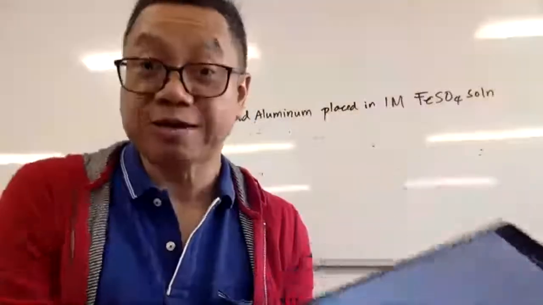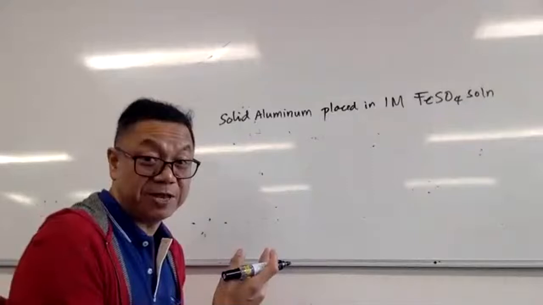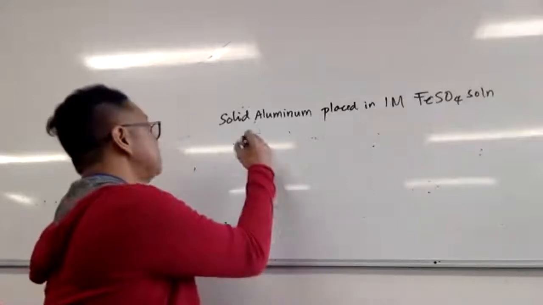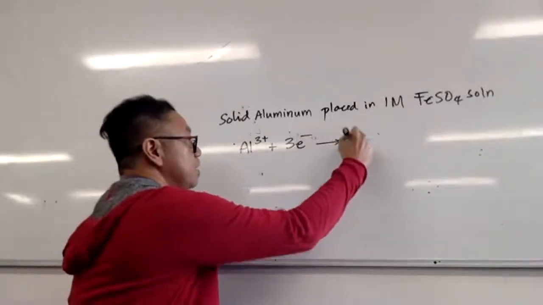Yes, we will have to calculate E first. But let's do it like this. First, this is different. This is not the battery. We look for aluminum, and aluminum is like this. Aluminum 3 plus plus 3 electrons will give me aluminum.